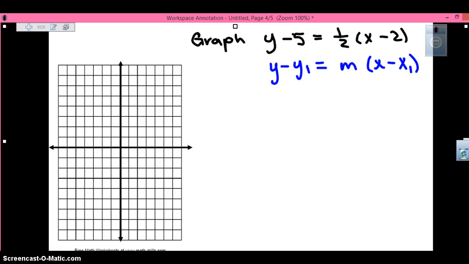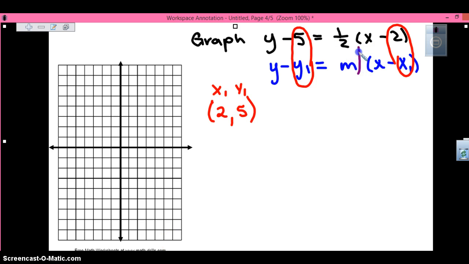So we can point out the ordered pair by looking at our y sub 1 and x sub 1. The x in the ordered pair is 2, and the y is 5. We also know that m is the slope, so the slope is 1 over 2.